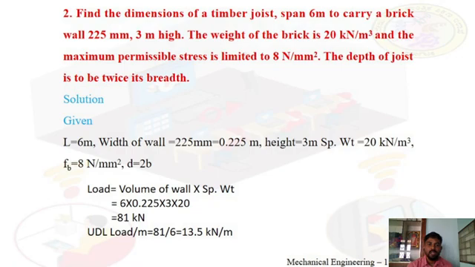Because I converted all terms into meter, because specific weight is given in kilonewton per meter cube, ಅದಕ್ಕೋಸ್ಕರನೇ ಎಲ್ಲ ಮೀಟ್ರಿಗೆ ಕನ್ವರ್ಟ್ ಮಾಡ್ಕೊಂಡಿದ್ದೀನಿ. ಸೊ ವಾಲ್ಯೂಮು 6 into 0.225 into 3 meter height, 0.225 meter width, then 6 meter length, into specific weight 20 kilonewton per meter cube. So finally the load is kilonewton. The entire wall ಅಲ್ಲಿ 81 kilonewton ಅಷ್ಟು ಲೋಡ್ ಆಕ್ಟ್ ಆಗ್ತಿದೆ.